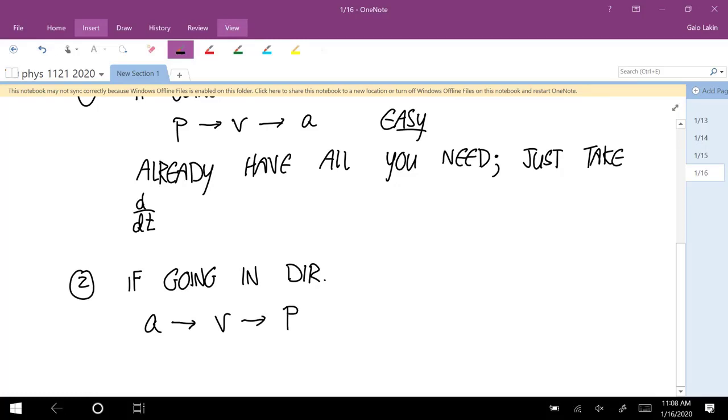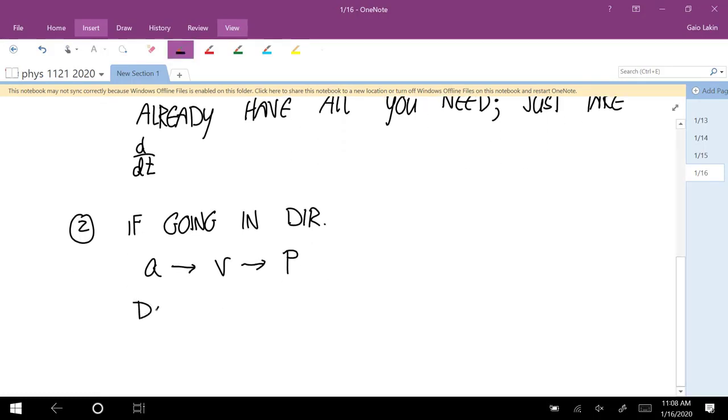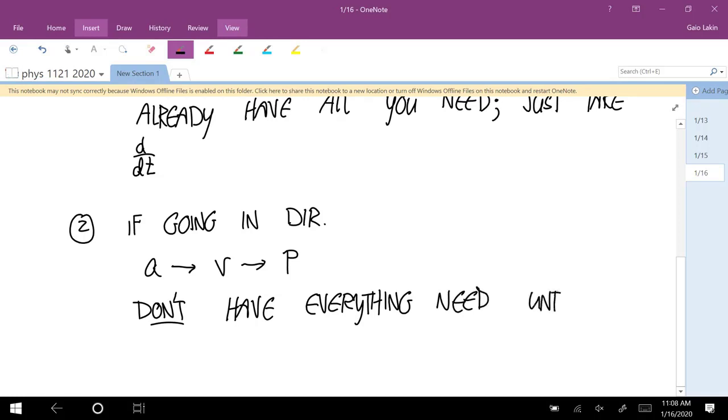Okay, in that case, you don't have everything you need until you have one boundary condition for each level, and I'm getting ahead of myself.